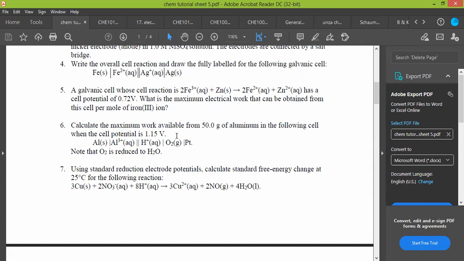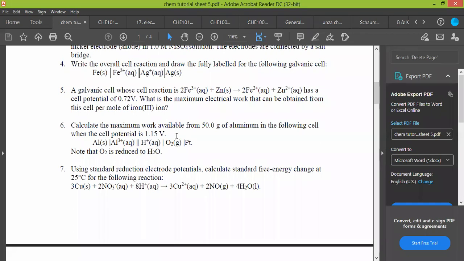So find the number of electrons. Therefore, X is going to be equals to how many moles of electrons will that produce? 5.5596, so about 5.56 moles. So those are the moles of electrons that are being transferred in that particular question by aluminium.